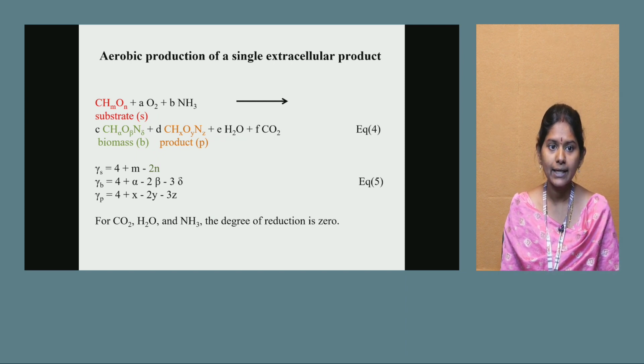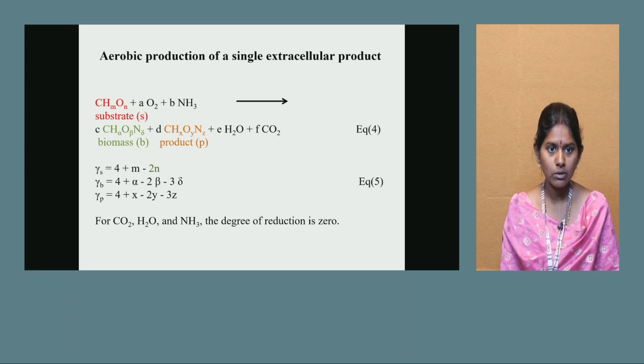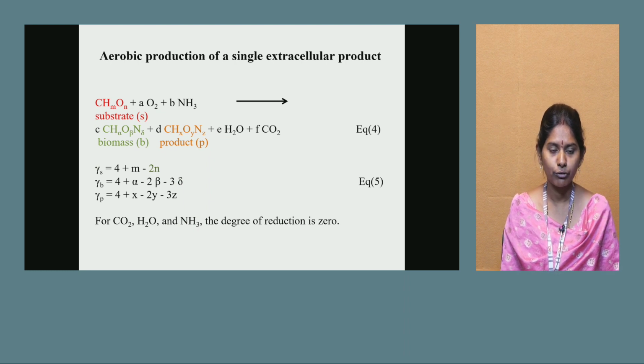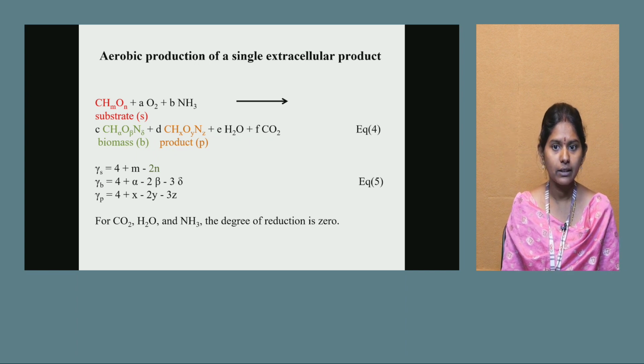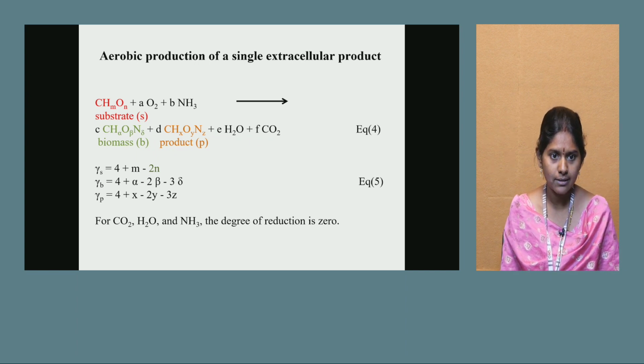If you want to calculate the degree of reduction of a substrate, gamma S equals 4 plus m minus 2n, because there is 1 carbon atom and the value for carbon is 4, so 4 into 1, plus there are m hydrogen atoms and the degree of reduction for hydrogen is 1, so m into 1, and similarly for oxygen it is minus 2, so minus 2n. Similarly, the degree of reduction of biomass is calculated.